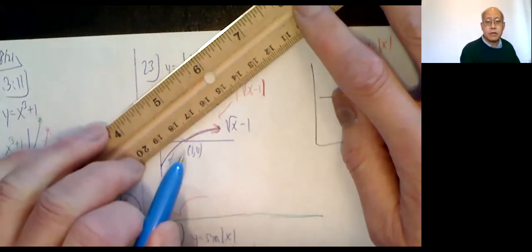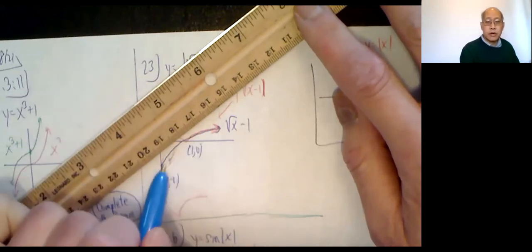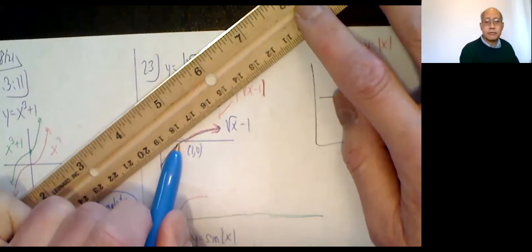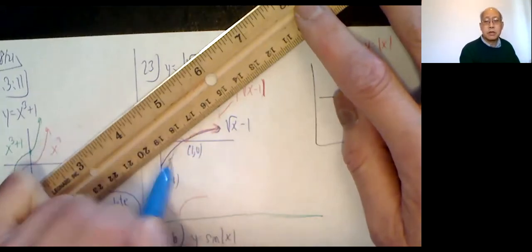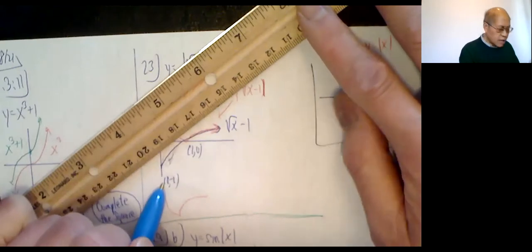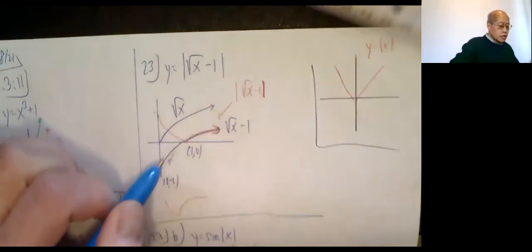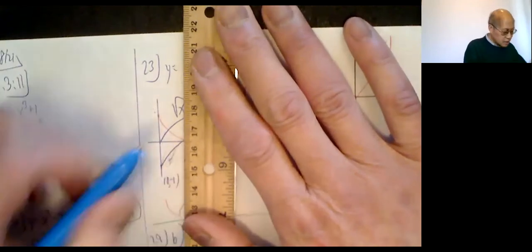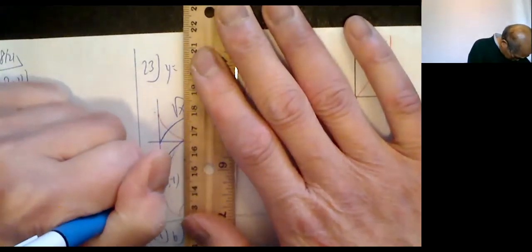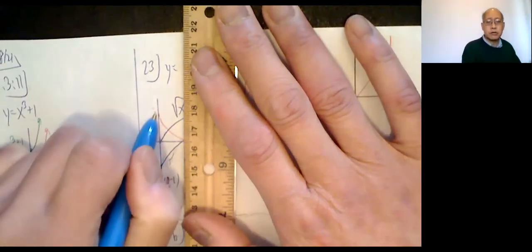Now, what happens to this part? Well, this part was negative. If I have it in bars, the negative becomes positive. So instead of (0, -1), I'm going to have (0, 1). That bounces over to here. So this part reflects across the x-axis, so (0, -1) bounces over to (0, 1).